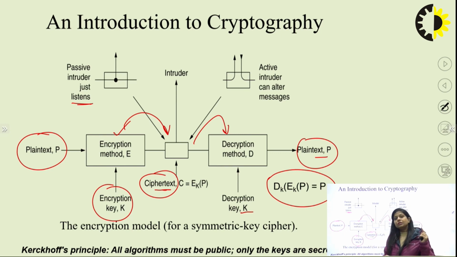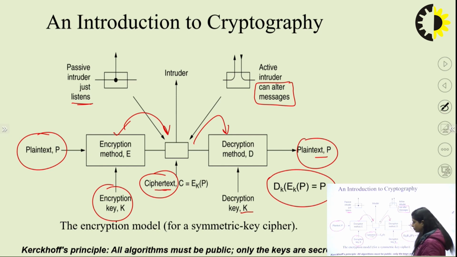But if we take the example of an active intruder, they can alter the message. You are trying to communicate a message to your friends, your classmates, your peers, right? What active intruders can do is capture your message and make some alteration, and that will be transmitted to the receiver, right?